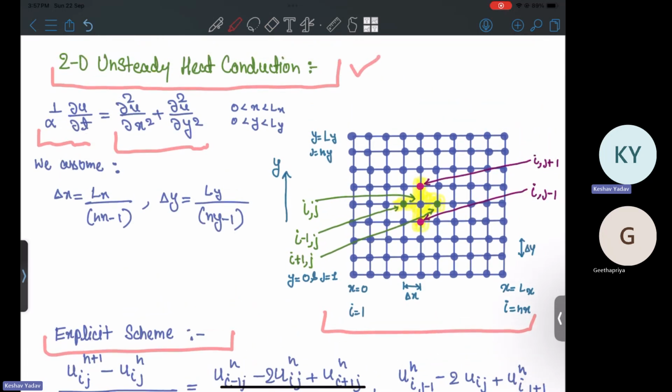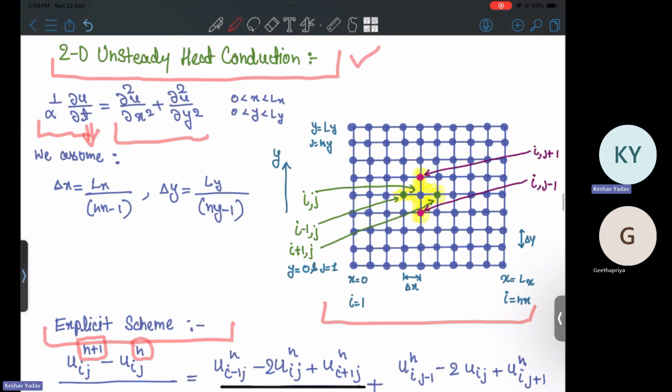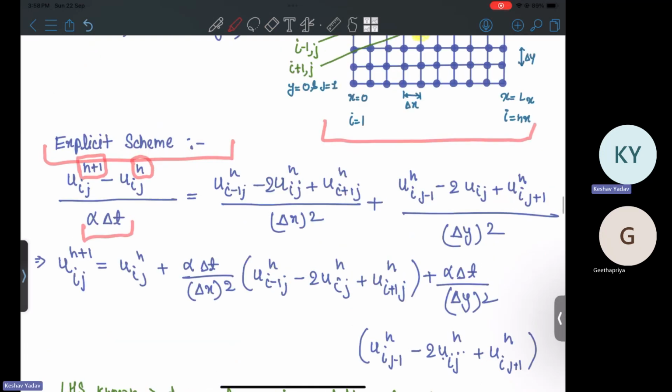Then del U upon del T can be written as Uij at n plus 1th time minus Uij at nth time, divided by alpha delta T. Then these gradients we are writing at nth time. And what we wish to find is the value at n plus 1th time.